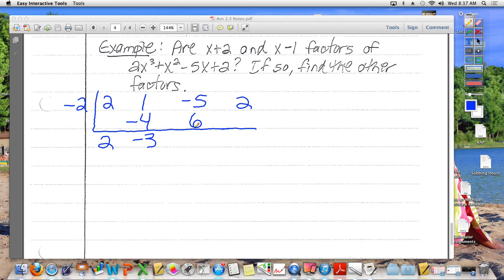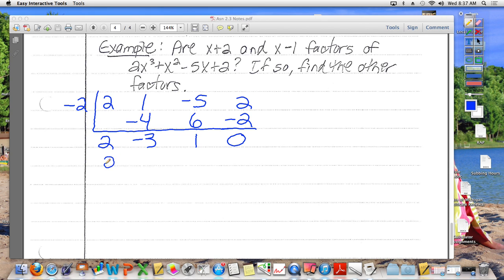Add negative 5 and 6, you get 1. Negative 2 times 1 is negative 2. Add these together, you get no remainder. So my question is this: is x plus 2 a factor? Yes, it is.